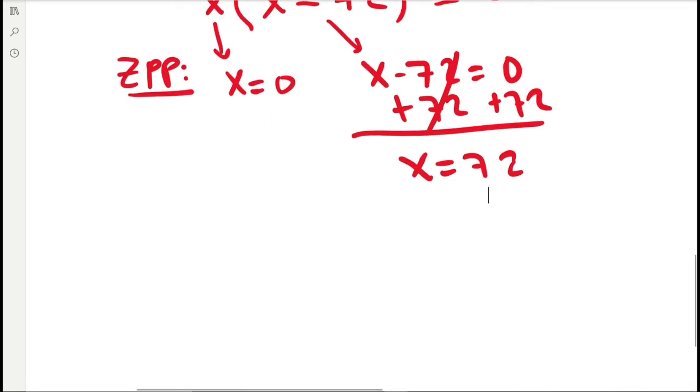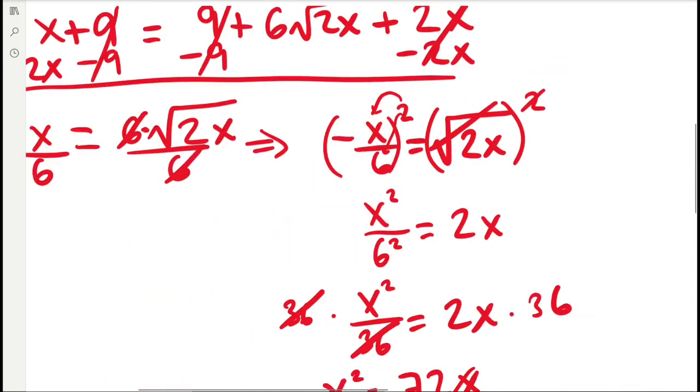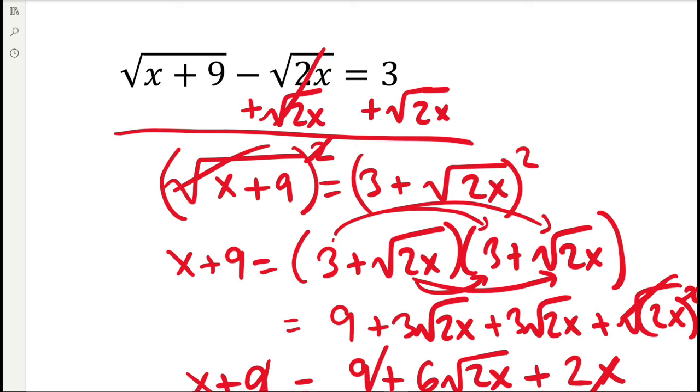All right, so let's go ahead and check. Let's do the x equals 0 first. So we're going to plug this into the original equation. The original equation is square root of x plus 9 minus square root of 2x equals 3.